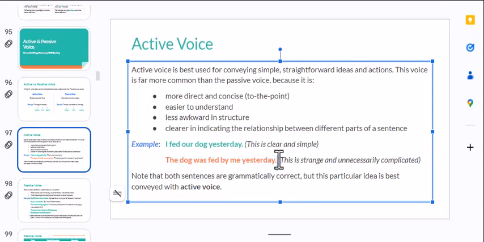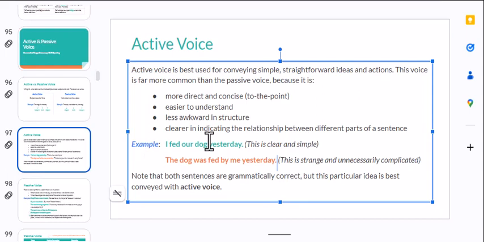Both of these sentences mean the same thing, and both are grammatically correct. However, this particular idea is best conveyed in the active voice because it's simple and clear. But when I use the passive voice, it's strange and you feel like this is unreal. It's an unnatural way.